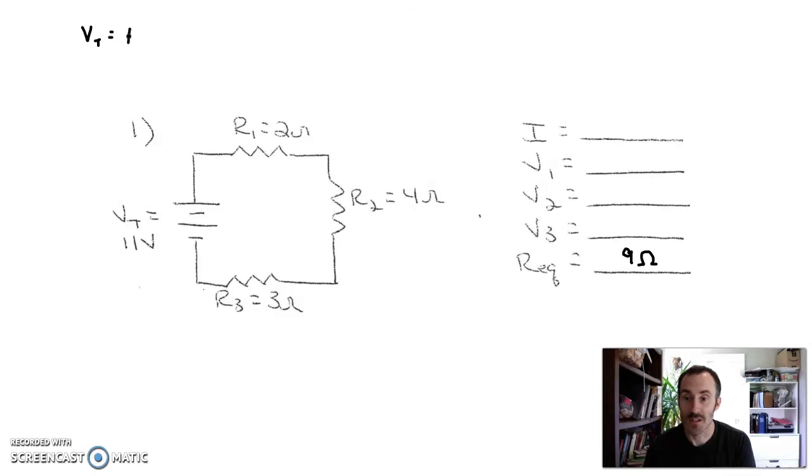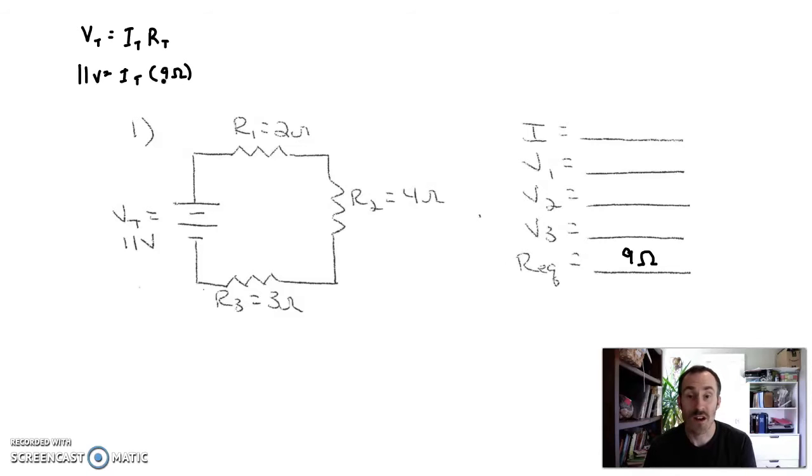VT equals IT times RT, or REQ. I am going to use T just to keep the subscripts consistent, but it's the same thing. Okay, and so now we've got 11 volts equals the total current times the equivalent resistance, which is 9 ohms.